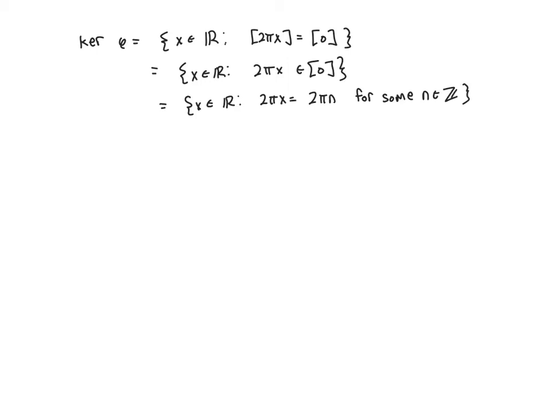Well, if you cancel out the 2 pi's, you see that x must be an integer. So the kernel is the integers. So from the first isomorphism theorem, we see that R mod Z is isomorphic to R mod 2 pi Z.